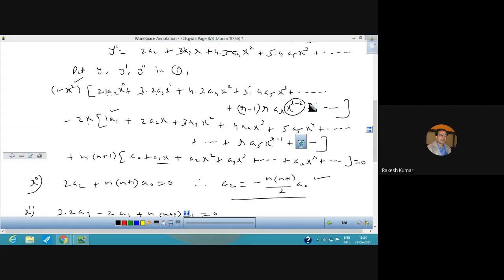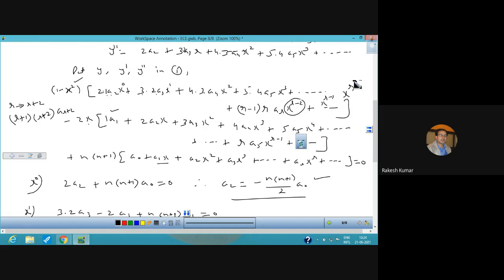Just see. And similarly, after r minus 2, the next term will be the coefficient of r minus 1, and after that the coefficient of x raised to power r. And how does the coefficient of x raised to power r come? When you change r to r plus 2 in this term. So when you change r to r plus 2, you will have r plus 1 r plus 2 into ar plus 2.